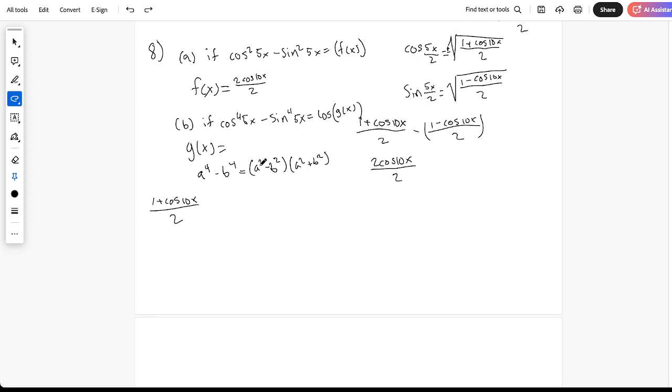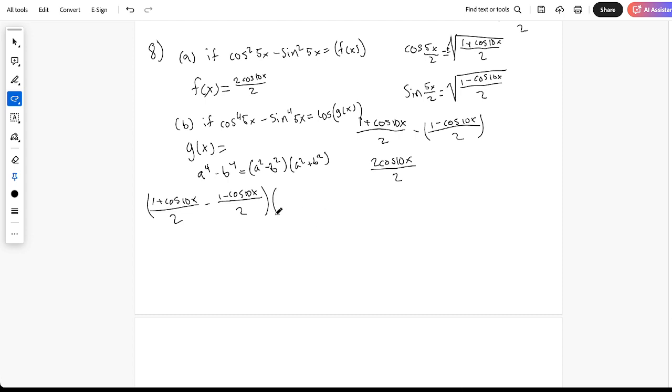And because this is just a regular squared, it just gets rid of the square root. It doesn't square it again, like I was originally thinking I would do it. But then that's minus the sine, which is 1 minus cosine of 10x over 2.